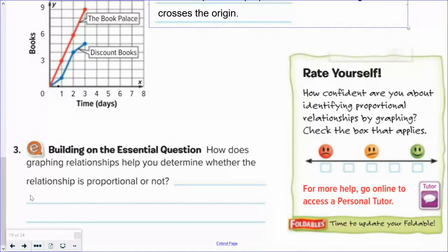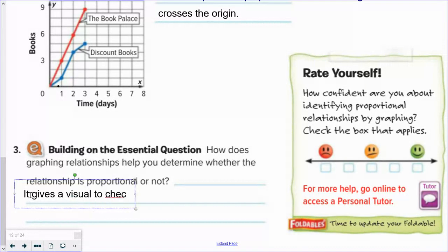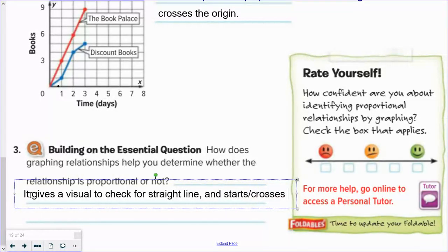You could say it gives a visual to check for a straight line, and we'll talk more next week about why that's important, and that it crosses the origin.